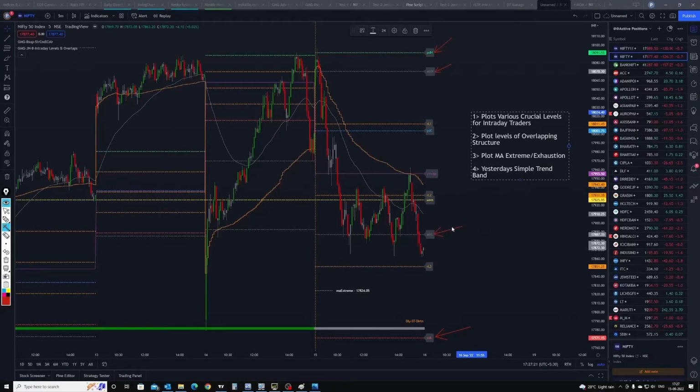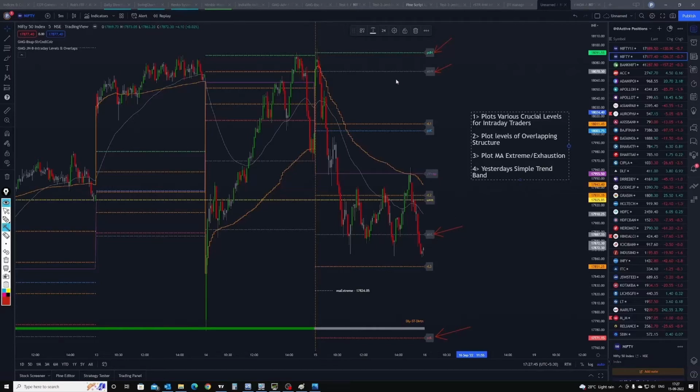Average true range high and average true range low, these two levels keep on changing during the day as the price moves up and down. So this is telling you where the price is likely to go today at the present moment, where it is likely to form a high or where it is likely to form a low.